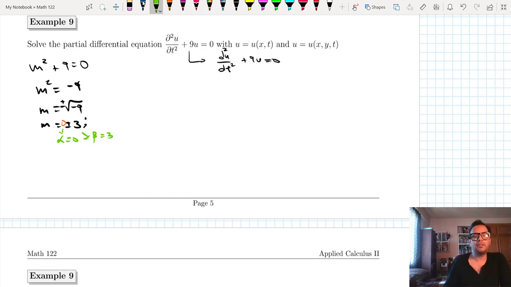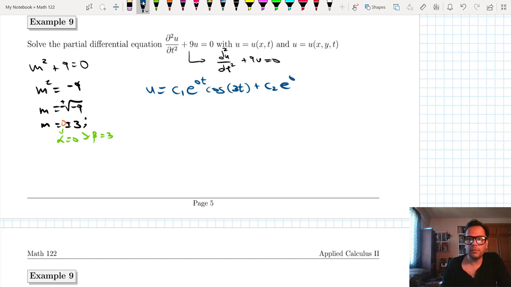Let's set up the solution as u equals c1 e to the 0 times t cosine of 3t plus c2 e to the 0 times t sine 3t. Okay, so this e to the 0 is going to be 1.